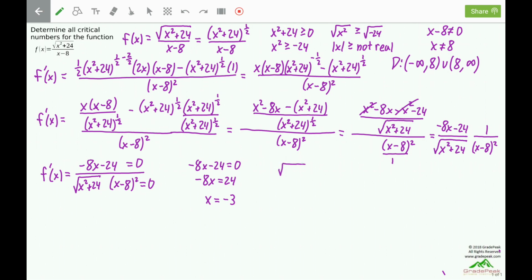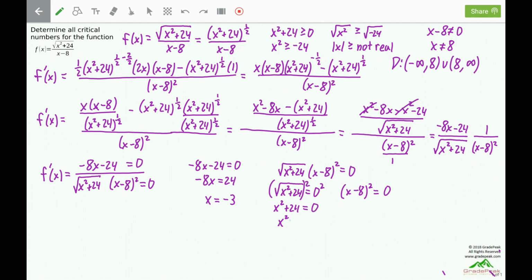Working with the denominator, we have the square root of x squared plus 24 times (x minus 8) squared equals 0. Since the product equals 0, we can write each portion of the product equal to 0 separately and work with each of them separately. Starting with the square root of x squared plus 24, we can square both sides. Square root squared cancel each other out, and it'll be x squared plus 24 equals 0 squared, which is 0.